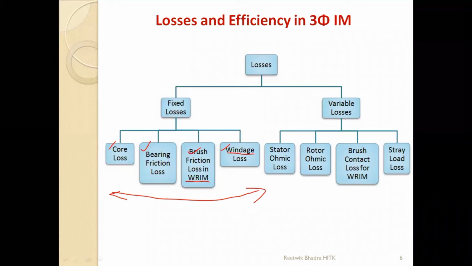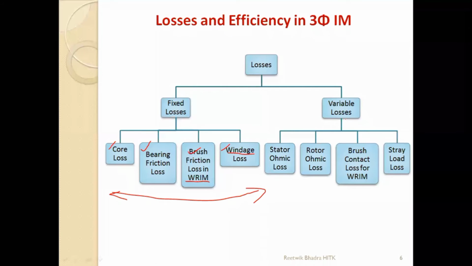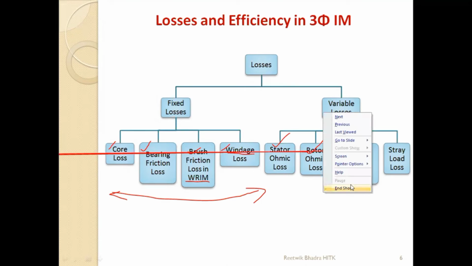And variable loss next. The first variable loss that comes to my mind is I square R loss. If there is resistance and current changes, there will be I square R loss. So there will be stator ohmic loss, stator conductor loss, and rotor ohmic loss, rotor conductor loss.